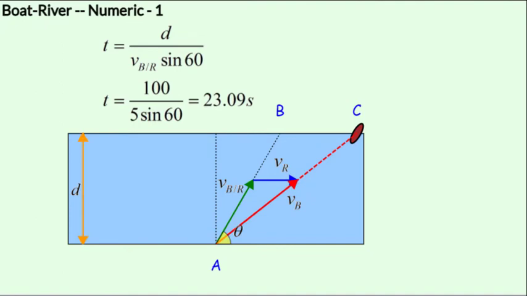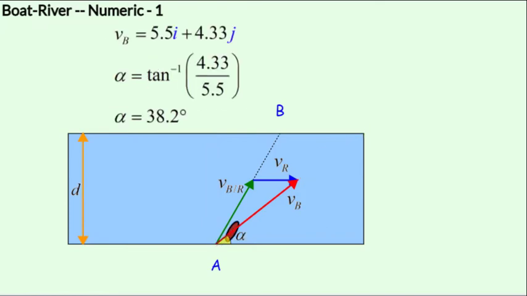Next, let's find out the angle AC makes with the x-axis. You can see that the boat travels along line AC, that is, along the vector vb.